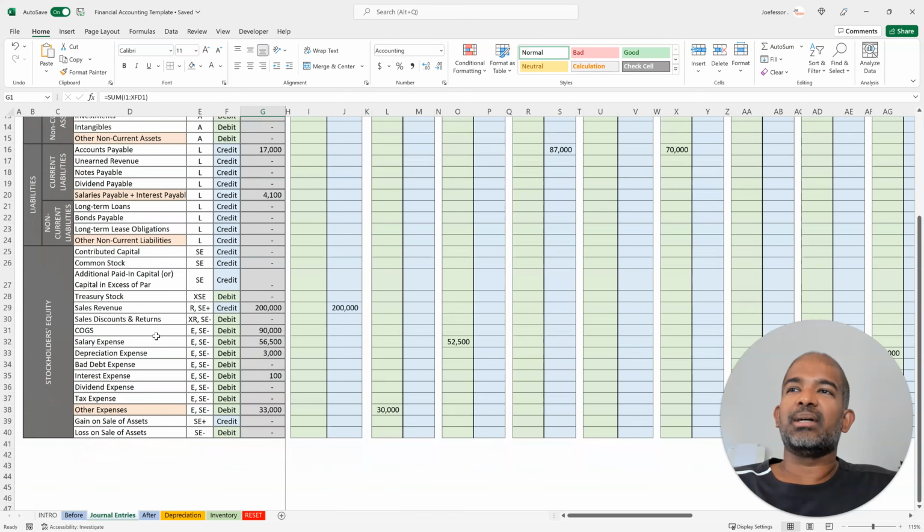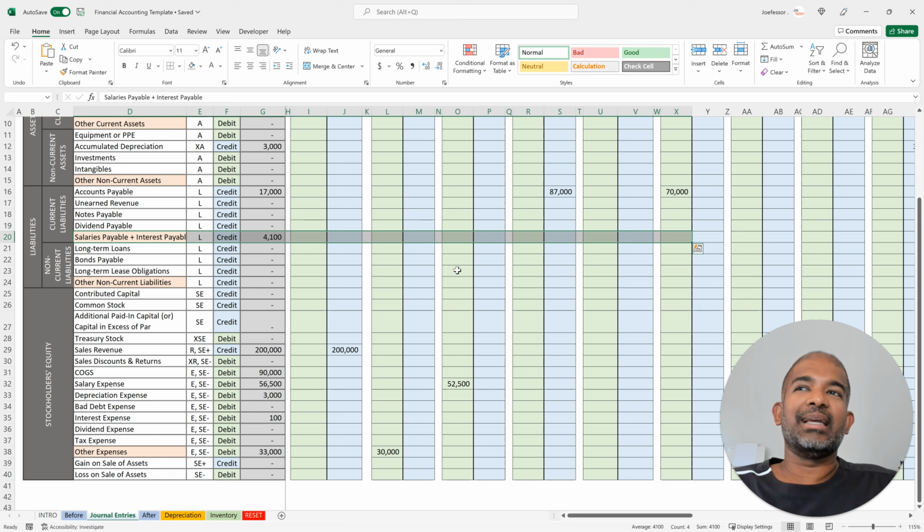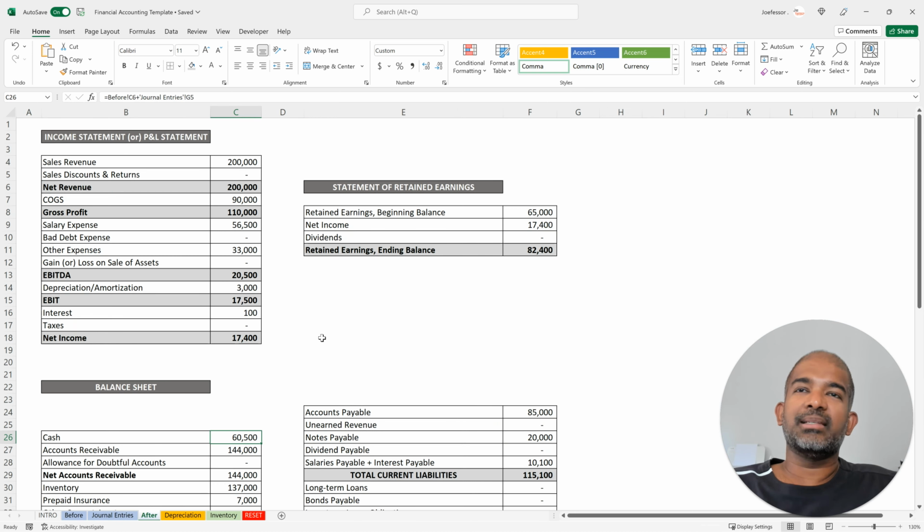You might need to have a separate line for salaries payable and interest payable. In that case, just create an extra line, or just keep the name as other current liabilities, and you could throw in everything else that doesn't fit in the standard accounts. Well, that's it. That's the first exercise. It didn't take that much time because we had a template which had been prepared ahead of time.